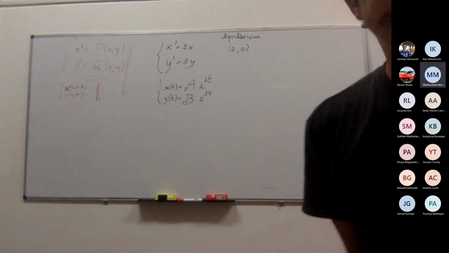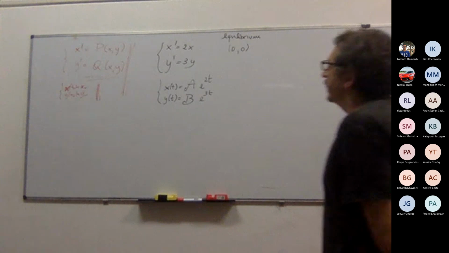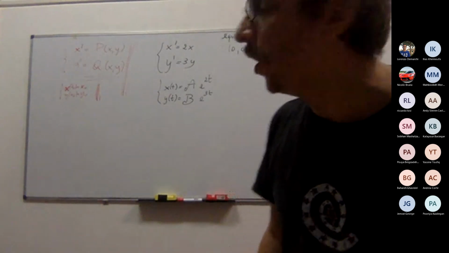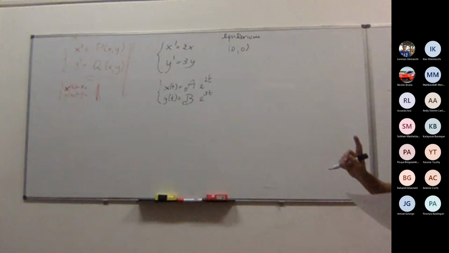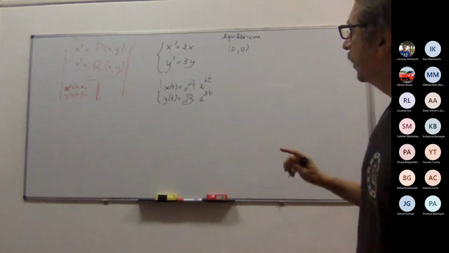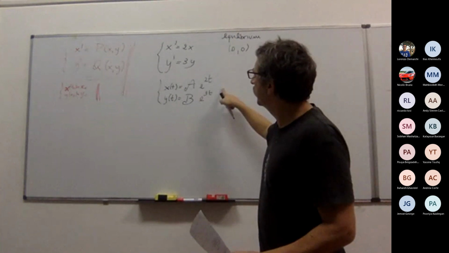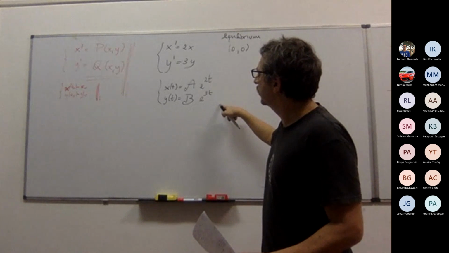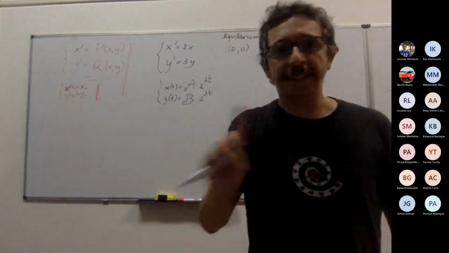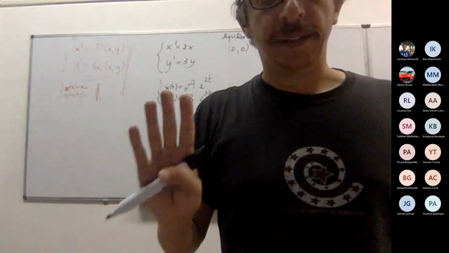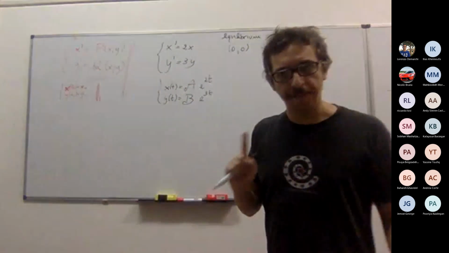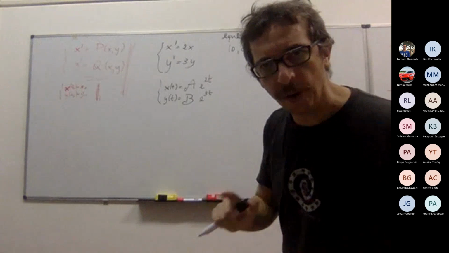A square, exponential power of 4t, plus b square. Hold on, yes. This time, I will not square. Okay. This time, I do not want to square.